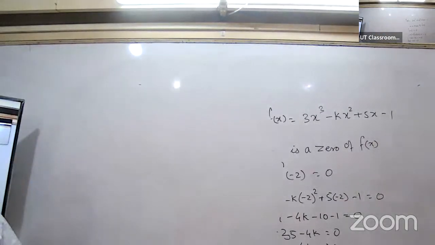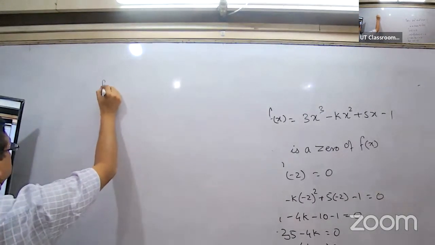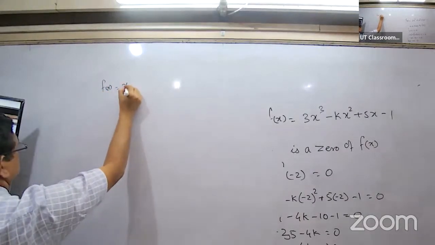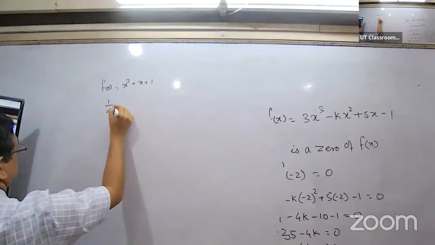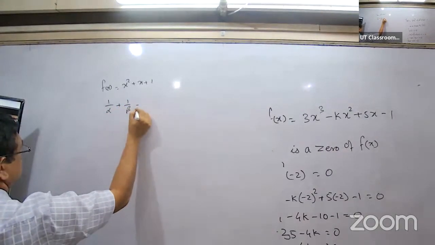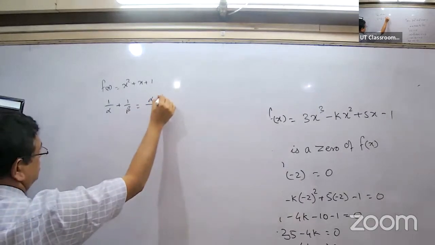Read the first question. If alpha and beta are the zeroes of x square plus x plus 1, then 1 upon alpha plus 1 upon beta. This one is so simple now. Alpha beta LCM, alpha plus beta.